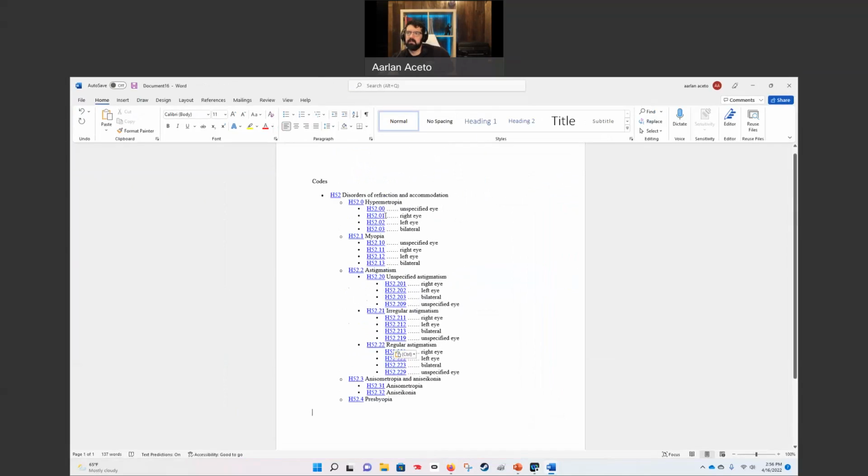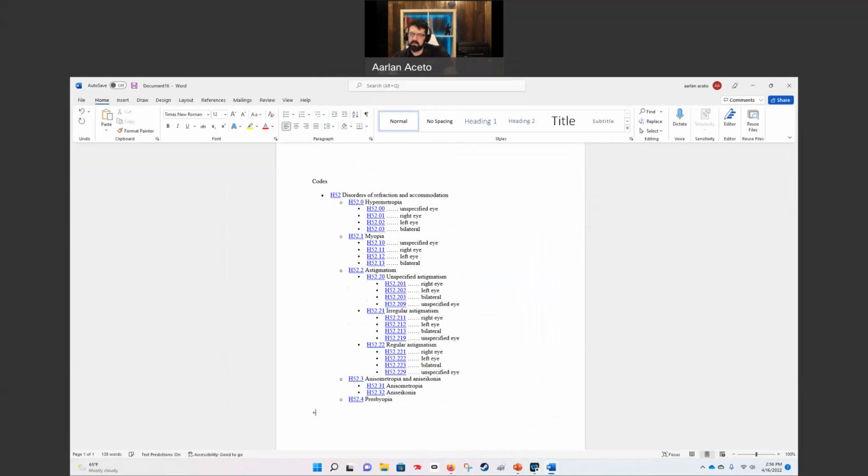So if they had hyperopia in both eyes, and it was a +3 with a 2 cylinder, with a 2.50 add, well, they're hyperopic in each eye. They have regular astigmatism in each eye, and they are presbyopic. So you'd actually have 3 codes.